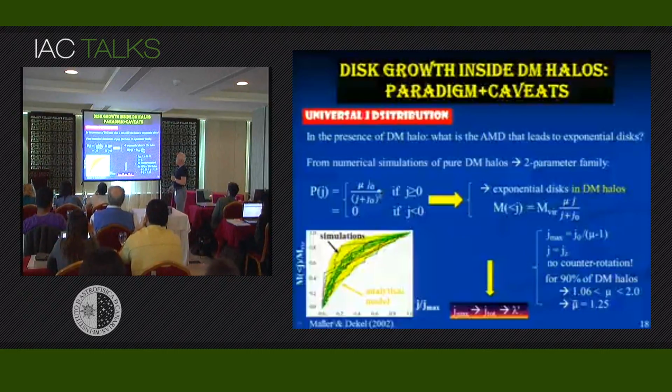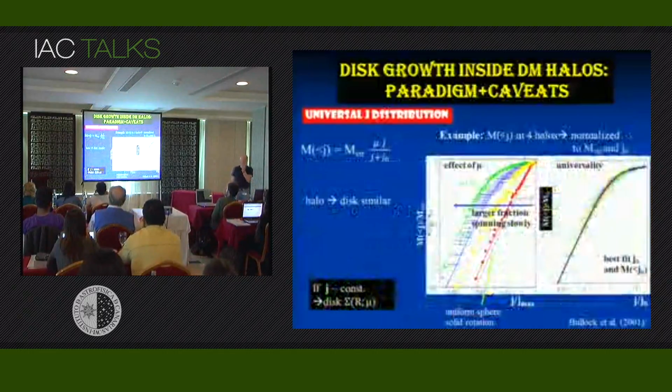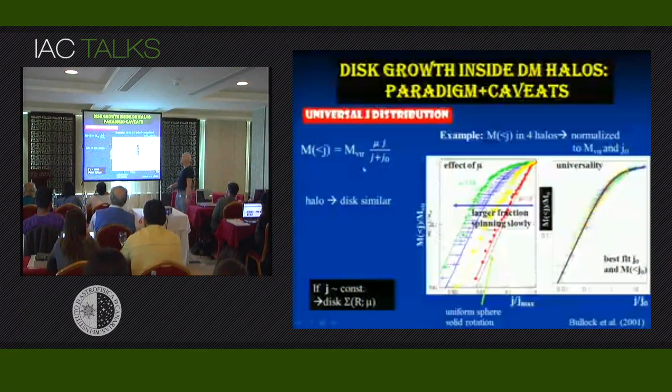Okay. Then one can actually write this two-parameter family, which depends on J0 and mu. And for 90% of the dark matter halos, mu has a very narrow range between 1.06 and 2.0, with an average of 1.25.